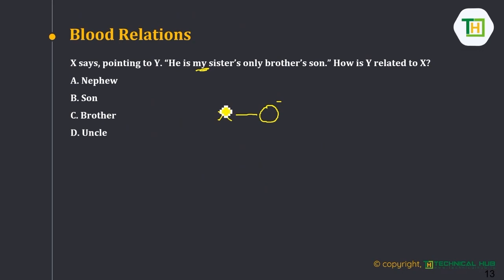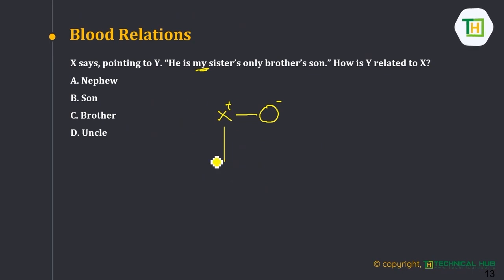Only brother means here taken as X. This is the only brother, not taken again. So X's sister's only brother means that person, it's me. Okay, so only brother's son.